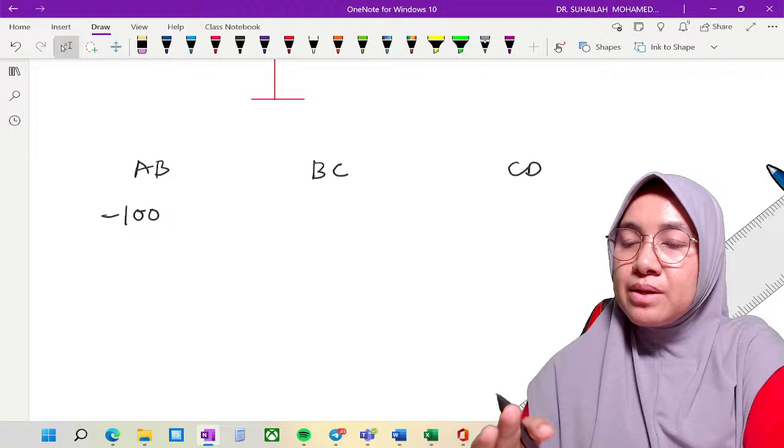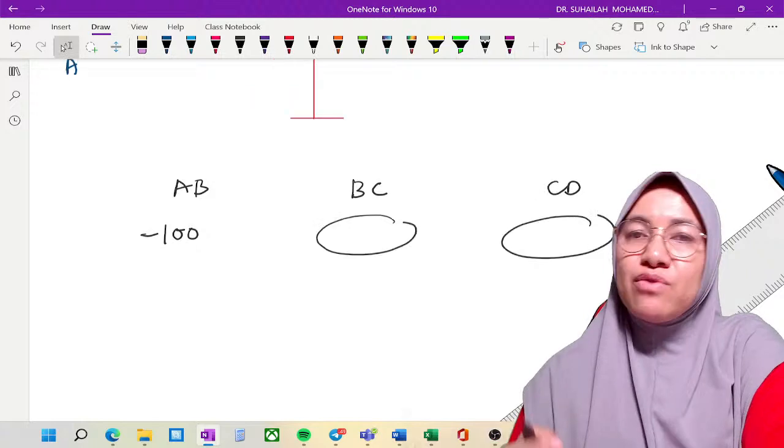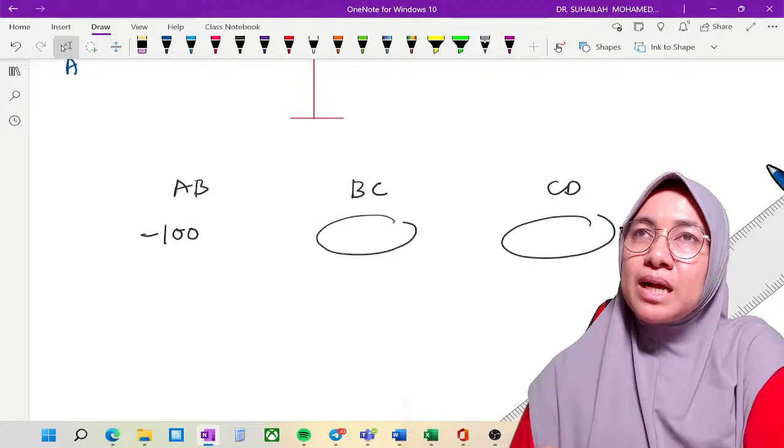So now we have to apply the formula to calculate FEM.